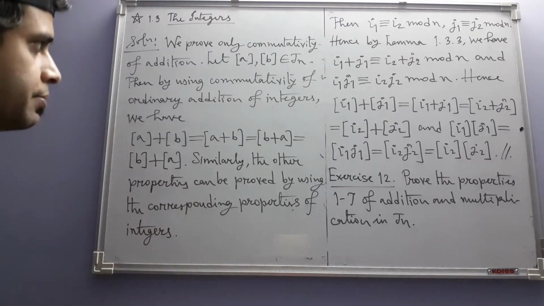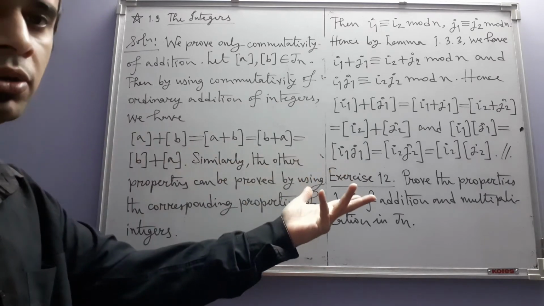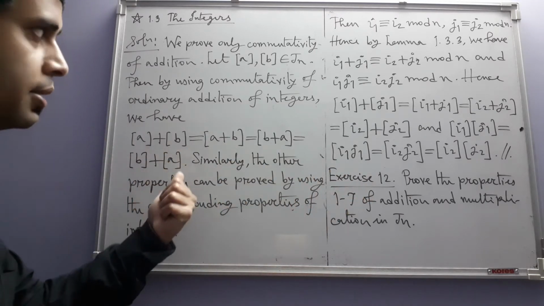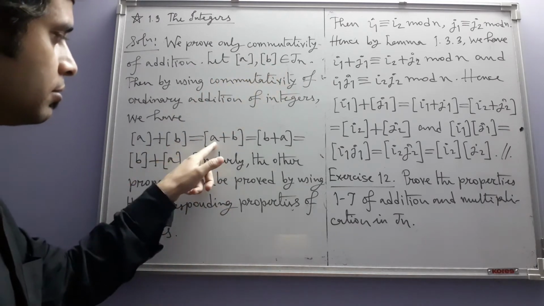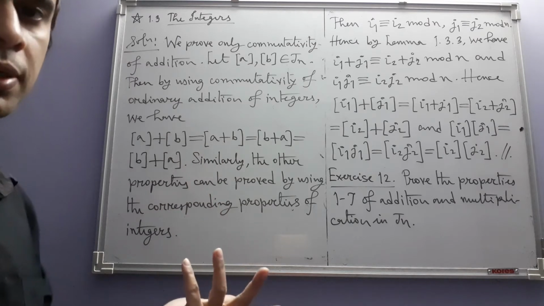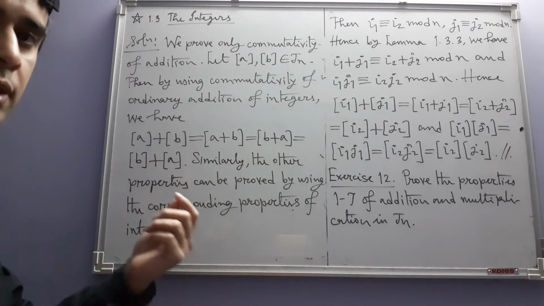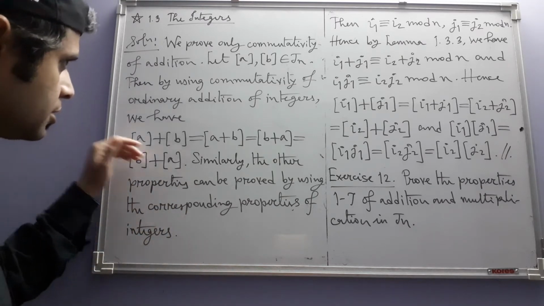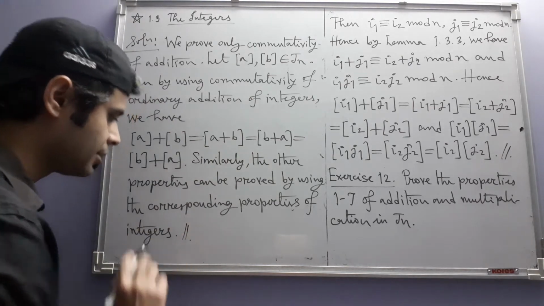For example, if in place of commutativity you want to prove the distributive law, then the way we have defined addition and multiplication in Jn, they are patterned after the ordinary addition and multiplication of integers. So because ordinary addition and multiplication satisfy distributive law, from that itself the distributive law here will follow. So that's how we will have all the properties.